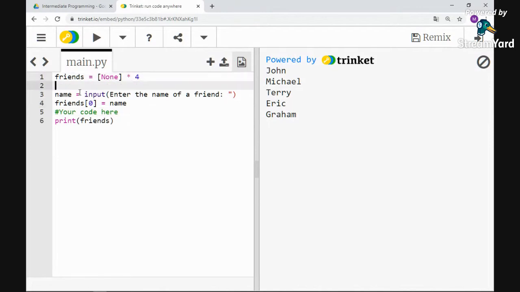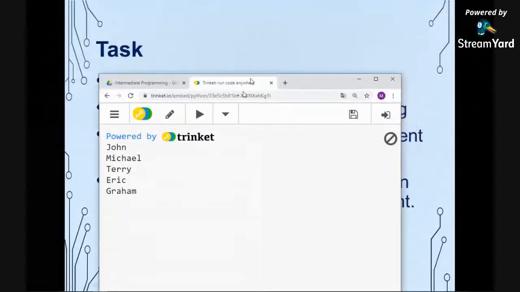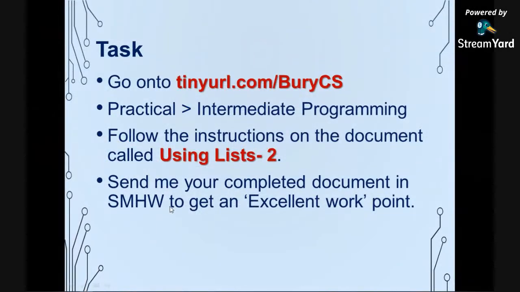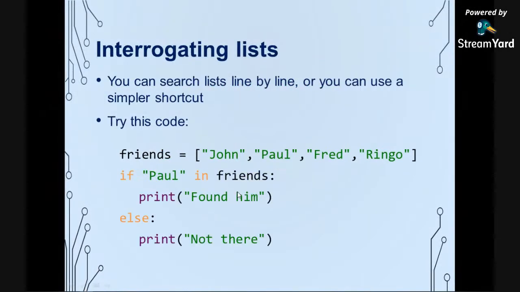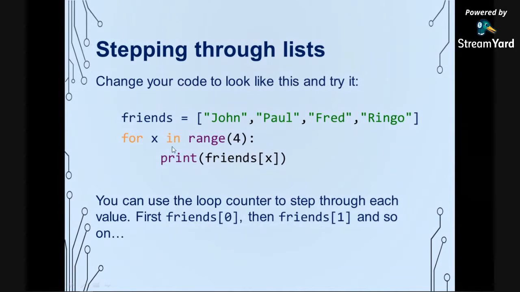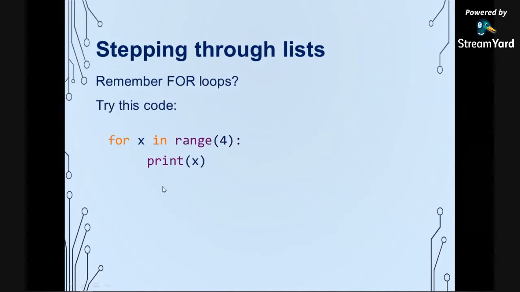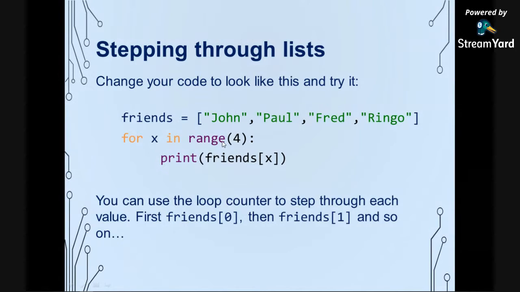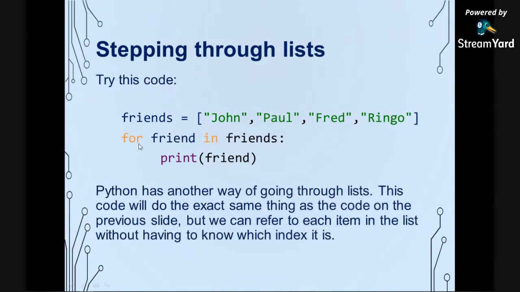So there were 2 ways of making a list. If we go back to 2 ways of using loops, we had our for loop, which was for x in range 4, print out our name of our friend, or we could have for friend in friends. So that's the 2 ways we can do it.